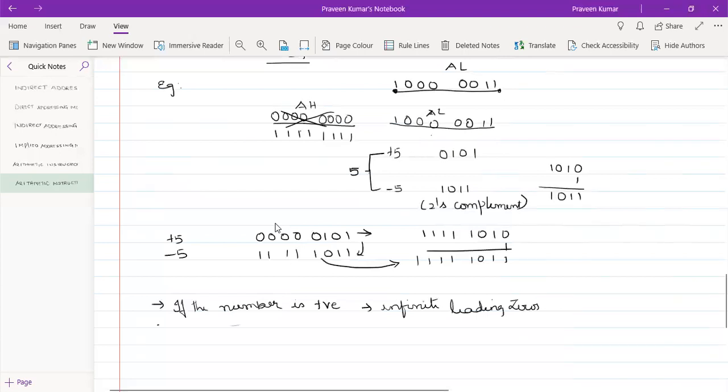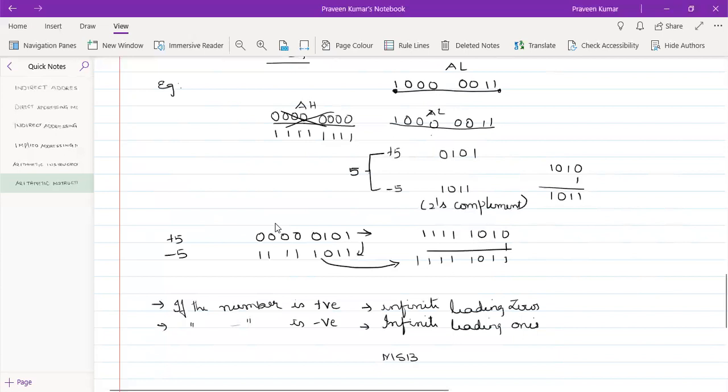If the number is negative, then we'll have infinite leading ones.